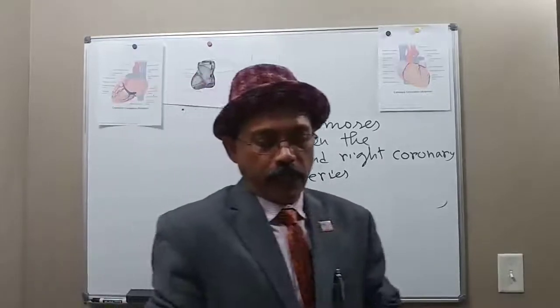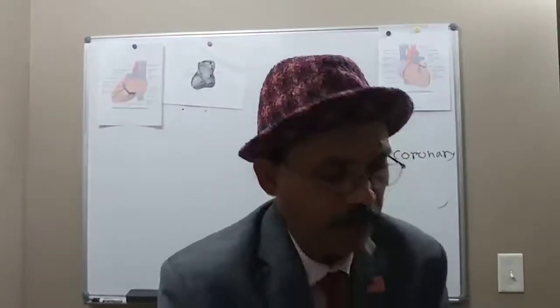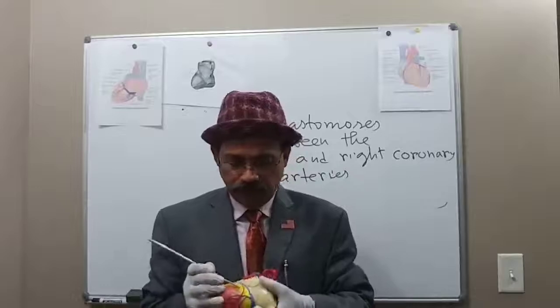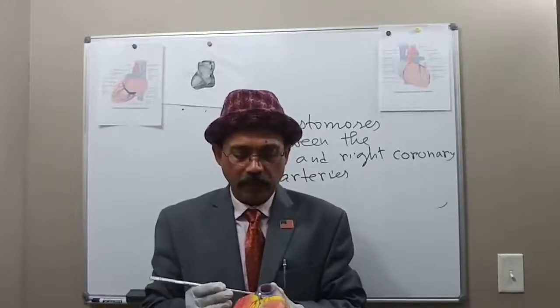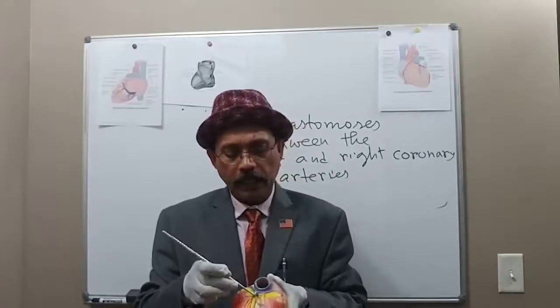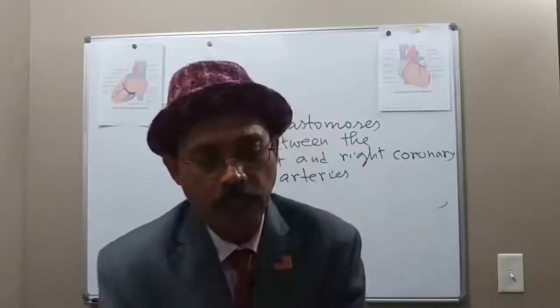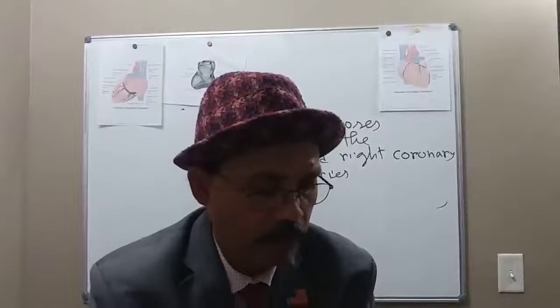So if you look at the model again, we'll find out that this is the circumflex branch. It may anastomose with the right coronary artery at the crux of the heart. We call it the crux. Okay.